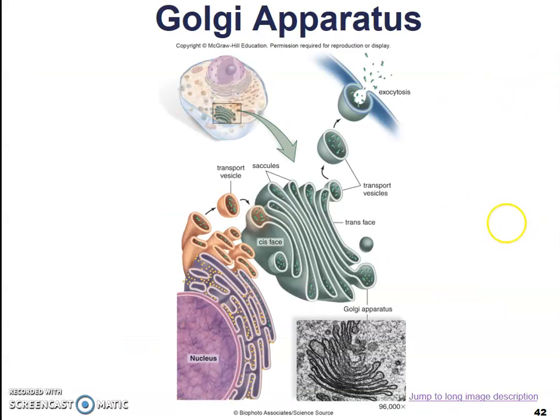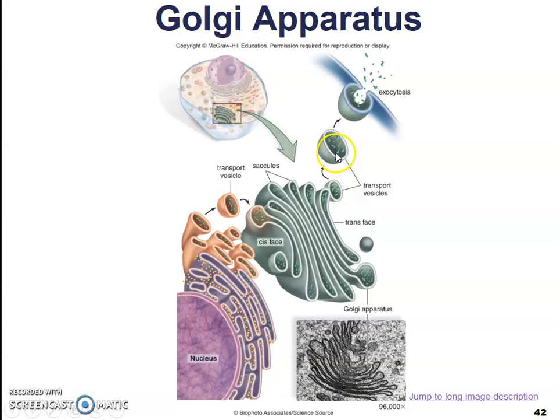Here we have a diagram. All right, so here is a transport vesicle. It is joining with the cis or the interface of the Golgi apparatus. Okay, it passes through. Over here on the trans side of the Golgi apparatus, you can see a vacuole that is being formed right here and one that has just been released.